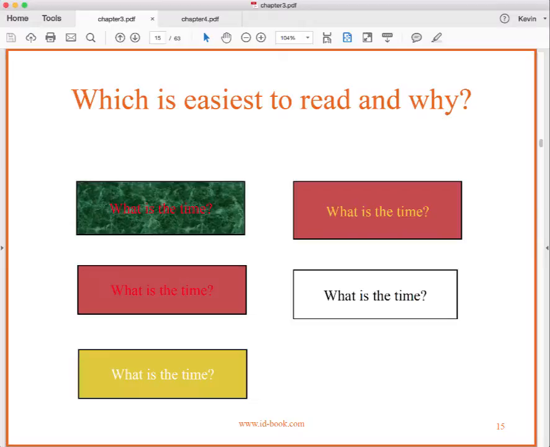Here's a related thing. We've got a bunch of text. These are things that we could put up on a web page. A combination of a background color or pattern and type that has a particular color. And we're asking which is easiest to read and why.